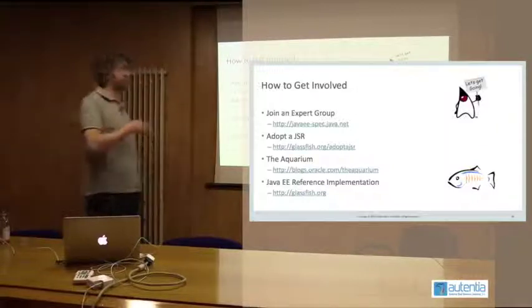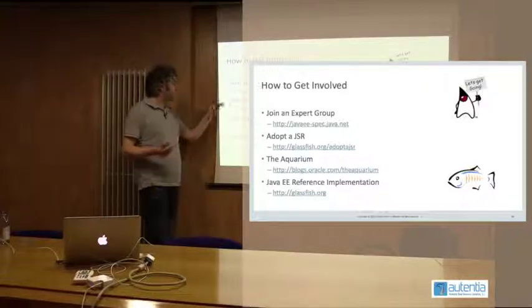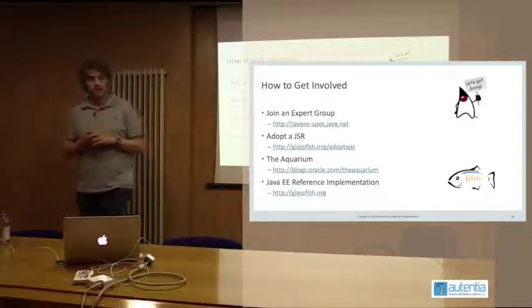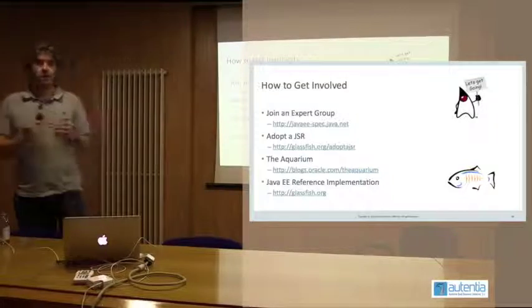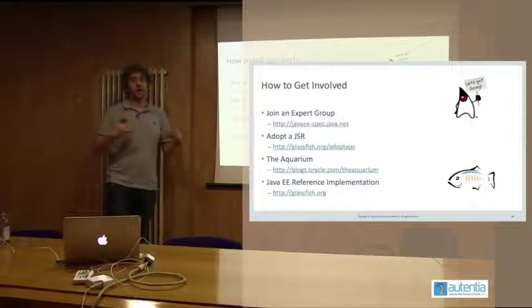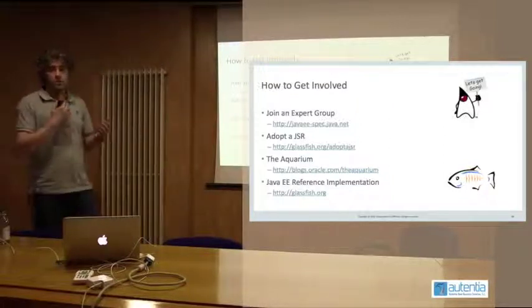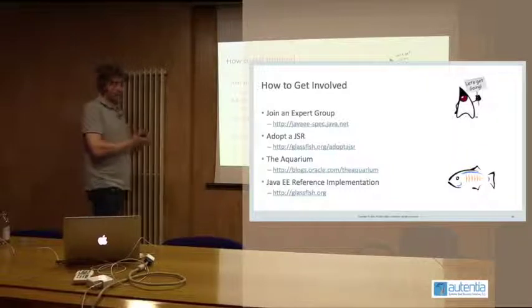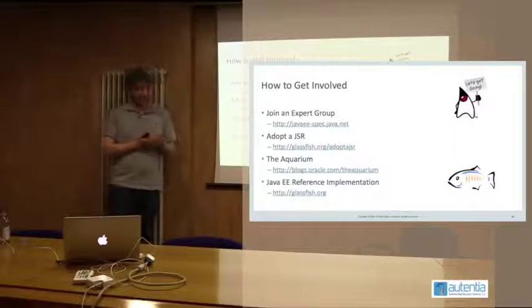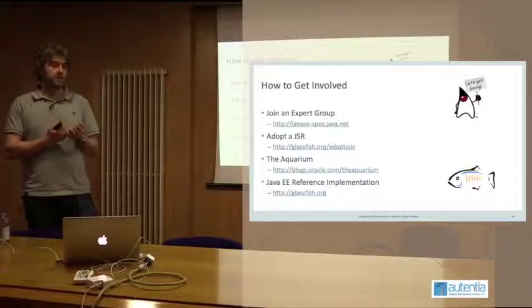So if you don't have the time to spend on the expert group, we have another program which is called Adopt a JSR. Adopt a JSR is basically where we ask JUGs to take a JSR and adopt it. Adopt it, we mean you take a JSR, you try to understand it, you write samples, you try to break it, you provide us feedback because we still have time to fix things.